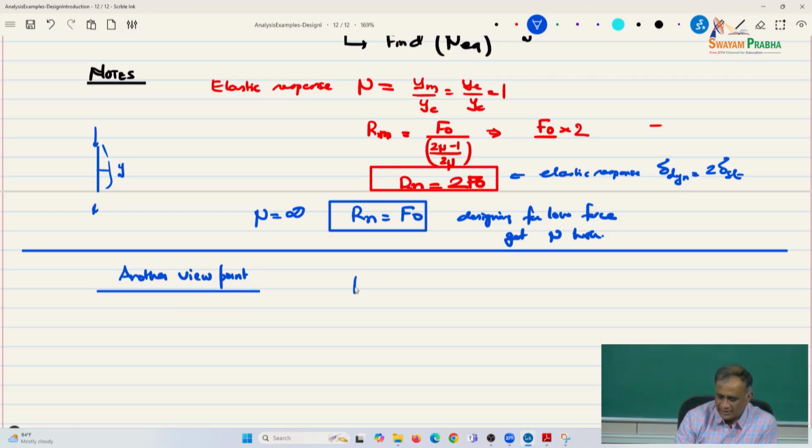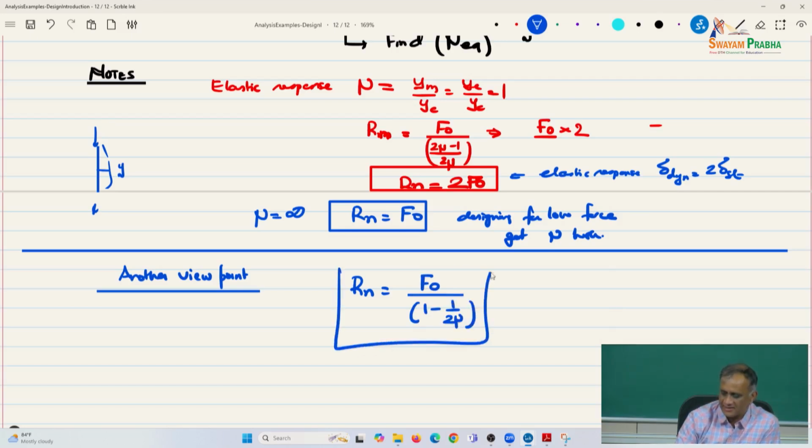Let us start with Rn equal to F0 divided by 1 minus 1 over 2 mu. Let us start here.